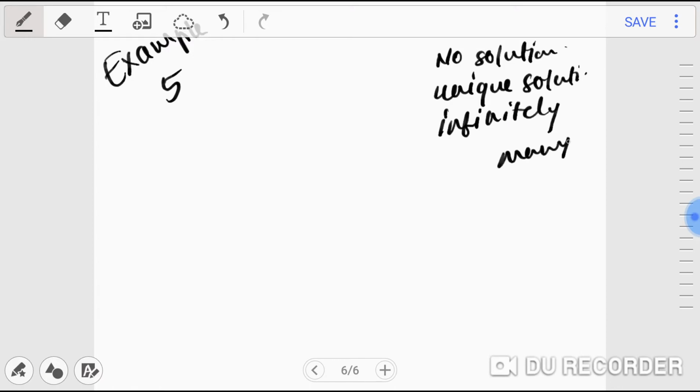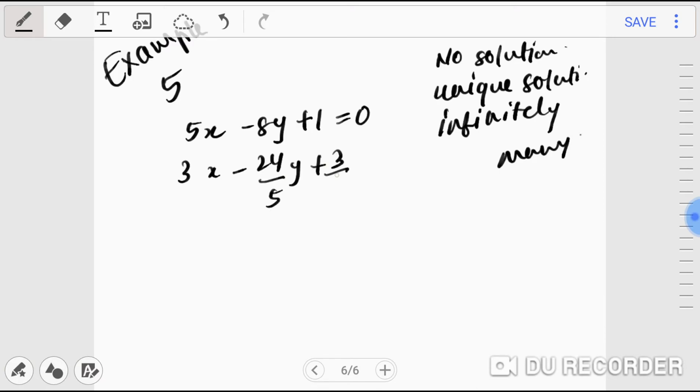Now let's see. Your first equation is given as 5x minus 8y plus 1 is equal to 0. And your second equation is given as 3x minus (24 upon 5)y plus 3 upon 5 is equal to 0. Now let's see if I just simplify my second equation.